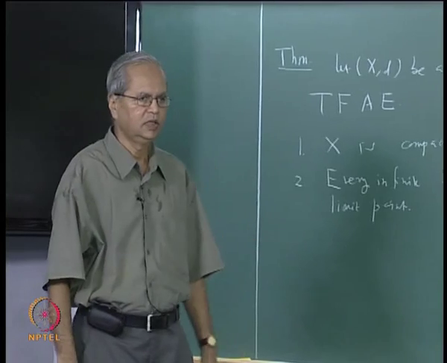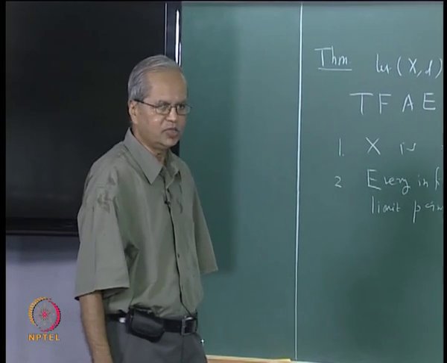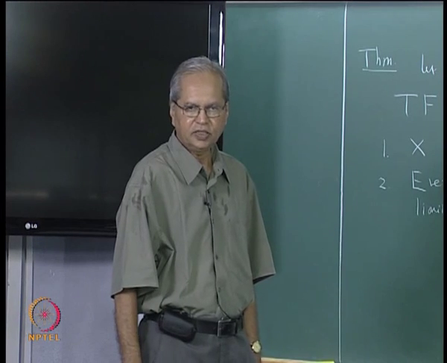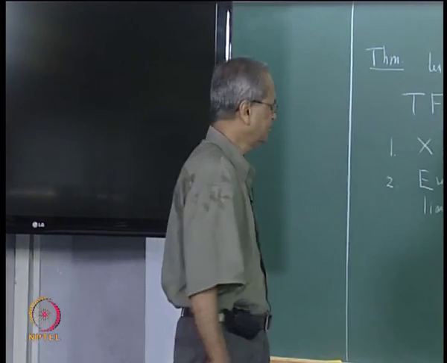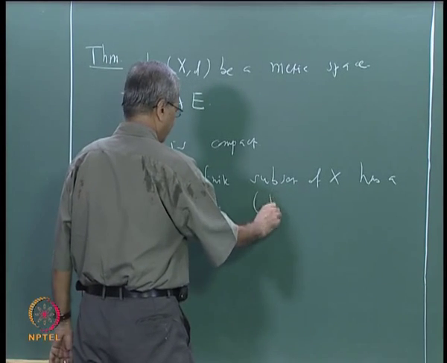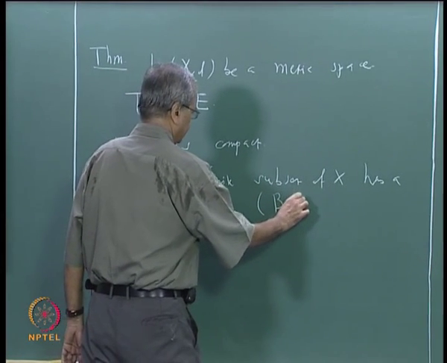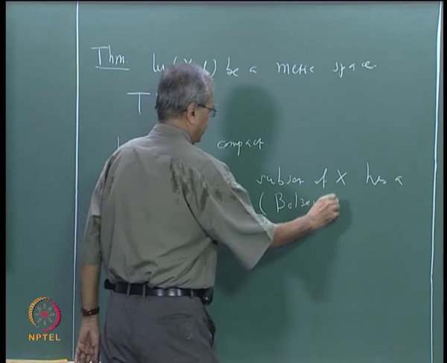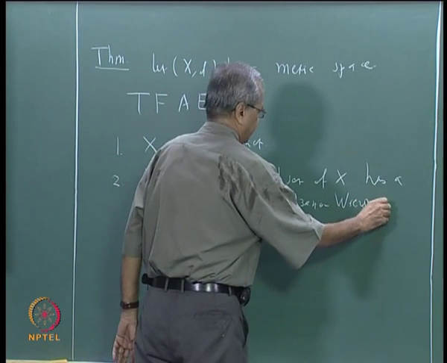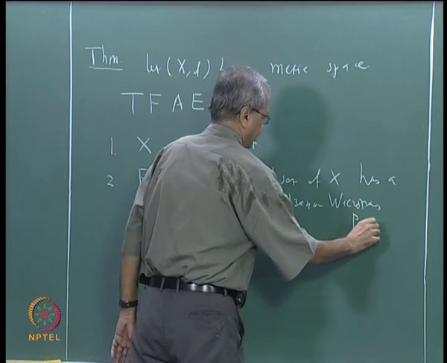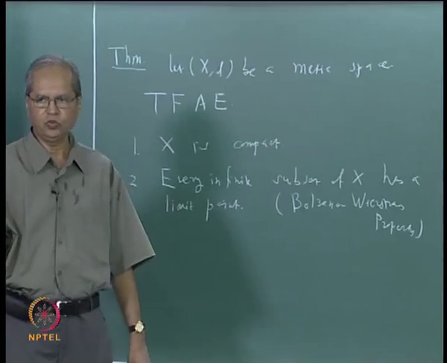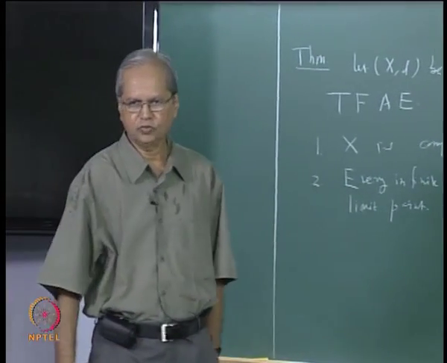This is sometimes called the Bolzano-Weierstrass property. If a metric space has this property that every infinite subset has a limit point, that metric space is said to have the Bolzano-Weierstrass property. So what we are saying here is that compactness is equivalent to the Bolzano-Weierstrass property in the case of metric spaces.